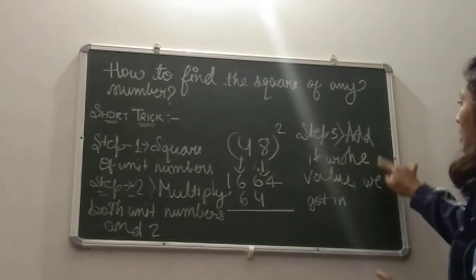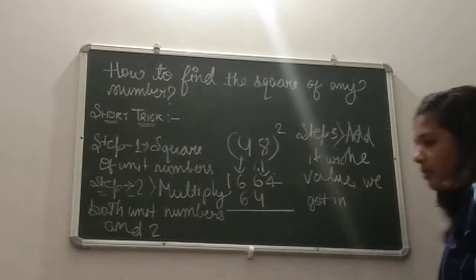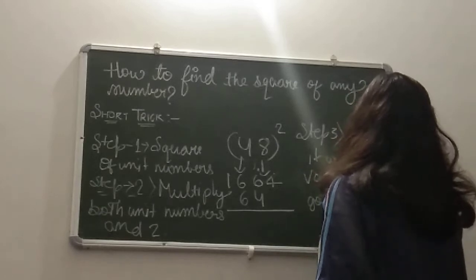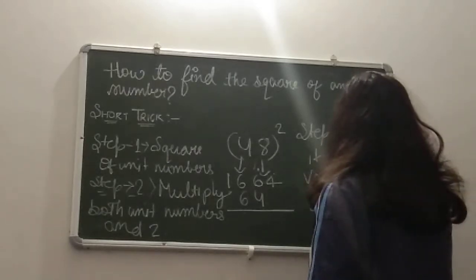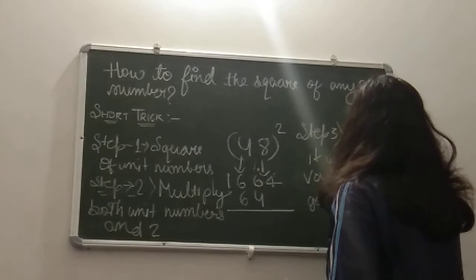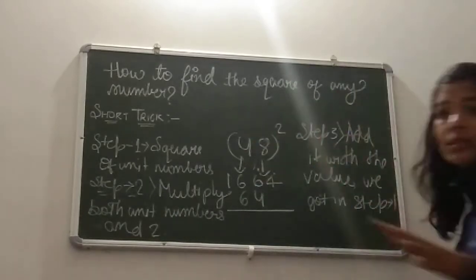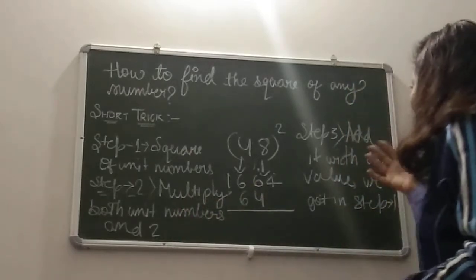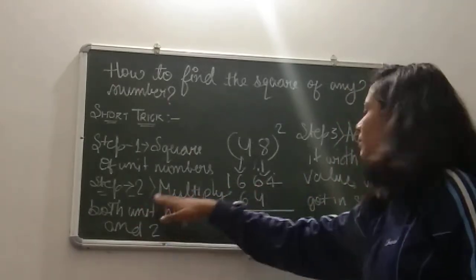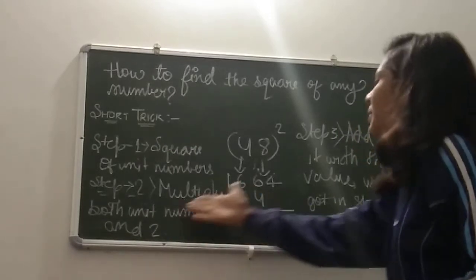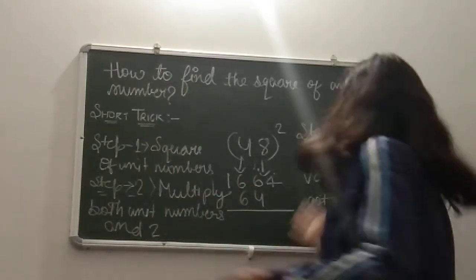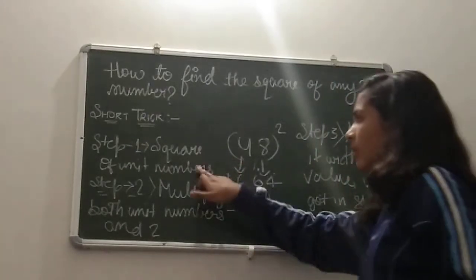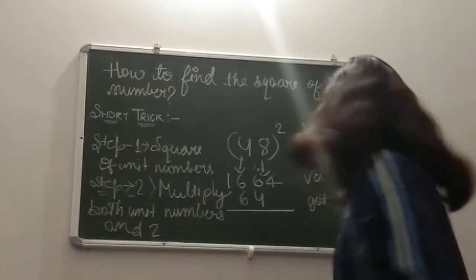You have to add the product which comes after multiplying both unit numbers and 2 with the value we got in step number 1.